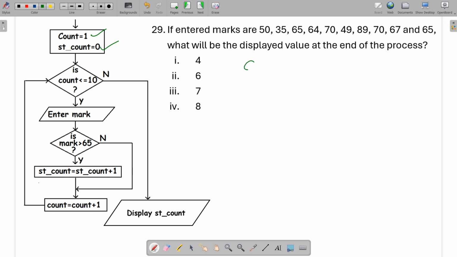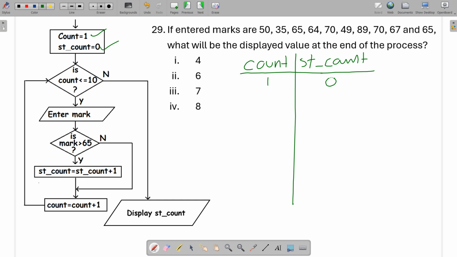So let's take 2 columns: count, which gives you a 1, and st_count, which gives you a 0. Then comes this condition. It checks whether count is less than or equal to 10. Count is 1 for the moment, which is less than 10, so it is yes, it happens on this path.